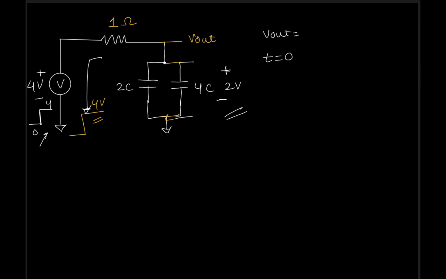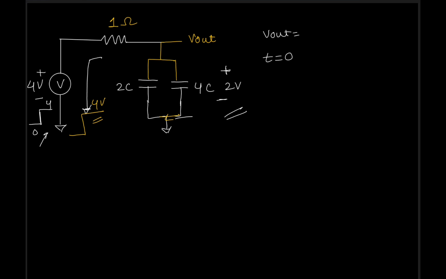Just think about it. As soon as you connect this capacitor to this capacitor, there is no resistor in between. So this plate is directly shorted with this. Some of you will say you have this resistor, but no, this is between these two plates.